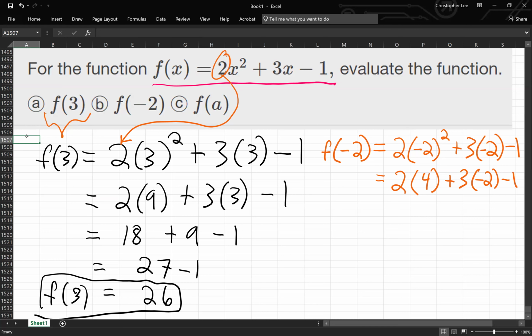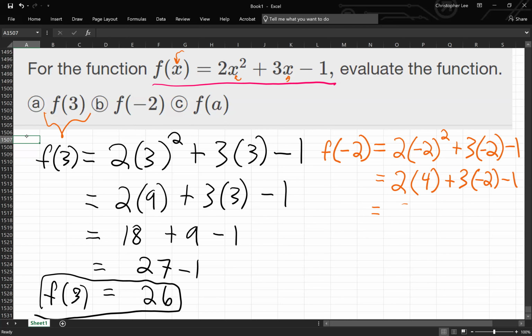You know how you say f of x? Whatever is in the x, that's what's going to go here. x is the 3. So continuing on the other one, it just says 3. I'm replacing x with 3, and then I just do the math to solve for it. That's all.